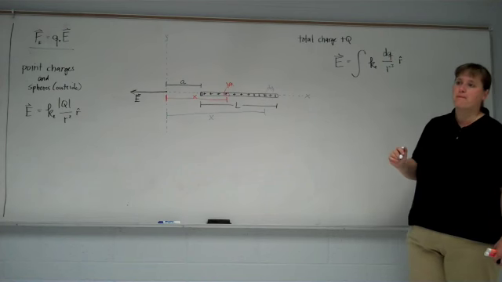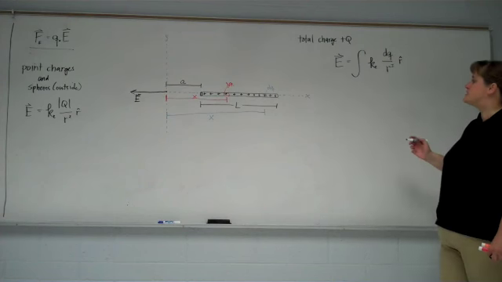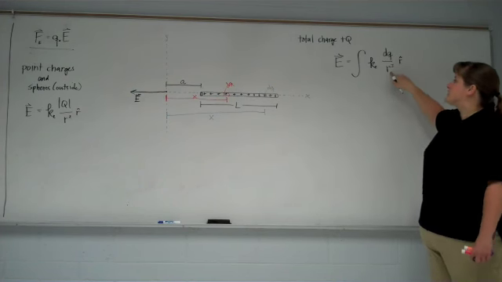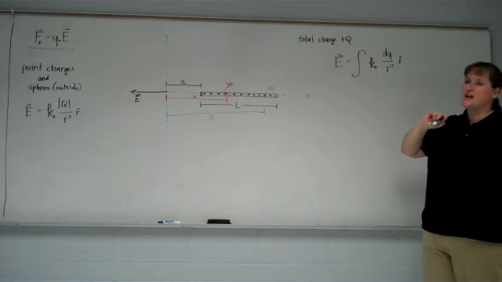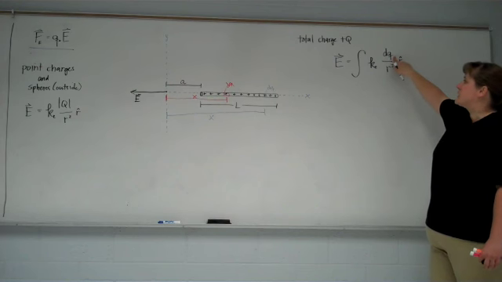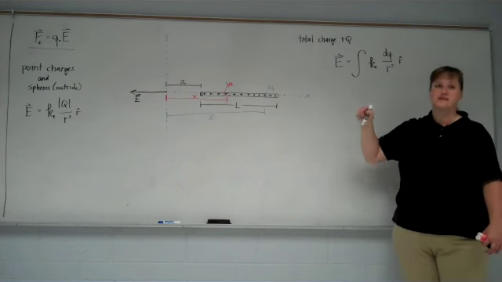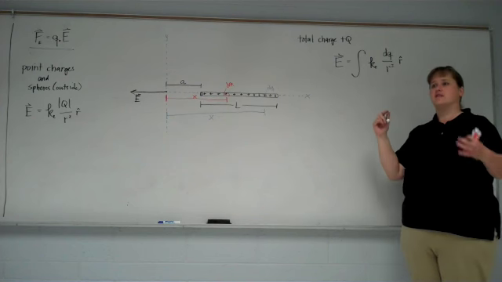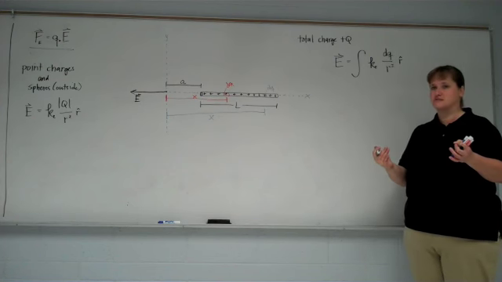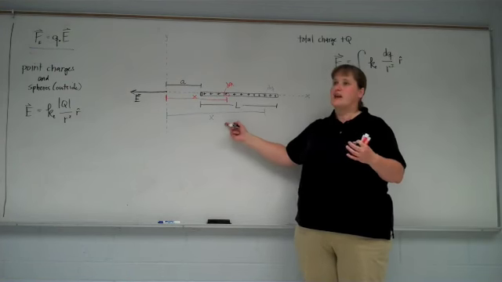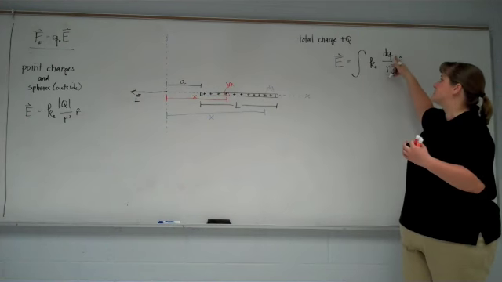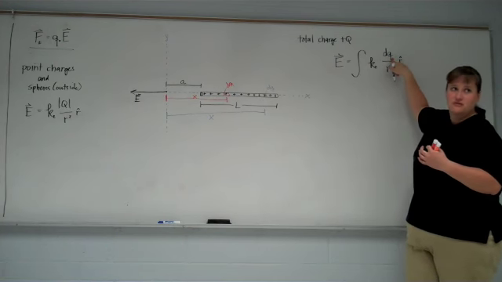So what we need to do, since r, in this case, is x, and that is what is changing, we need to write dq in terms of a dx. If you know the variable that's changing is x, you can't integrate x with respect to q.